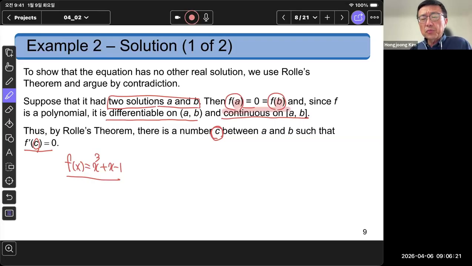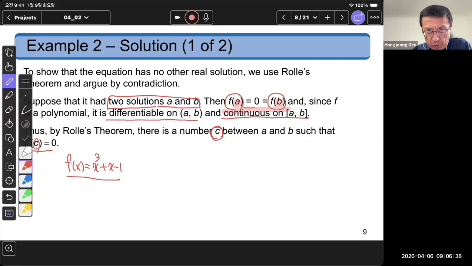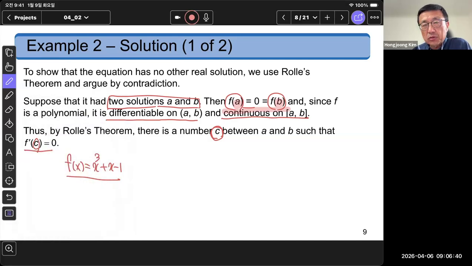If I assume this and want to derive a contradiction, people usually use Rolle's theorem or the mean value theorem. So how can I use Rolle's theorem? Since f of a is 0 and f of b is 0, that means f of a and f of b are equal.